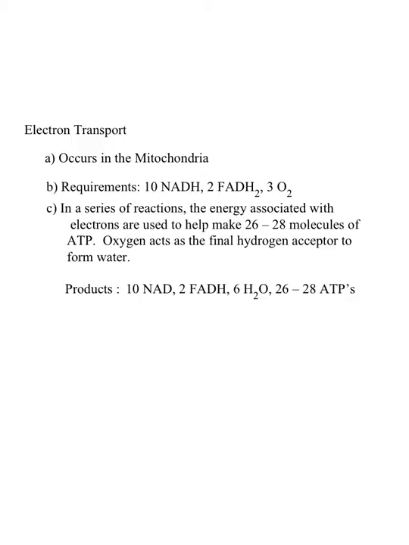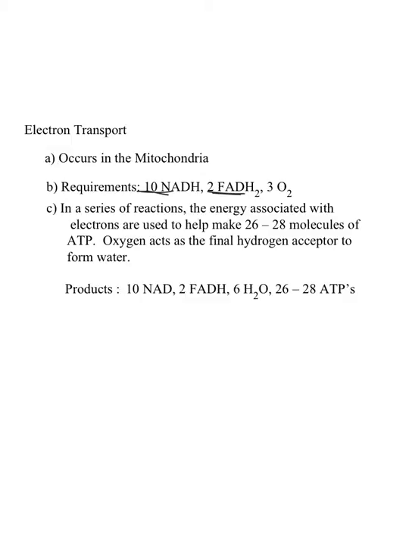So in the process, we had 2 NADHs from glycolysis, 2 from pyruvate conversion, and 6 from the Krebs cycle, giving us a total of 10. We also ended up with 2 FADH2s from the Krebs cycle. That accounts for all 12 hydrogens that were once attached to a glucose molecule.